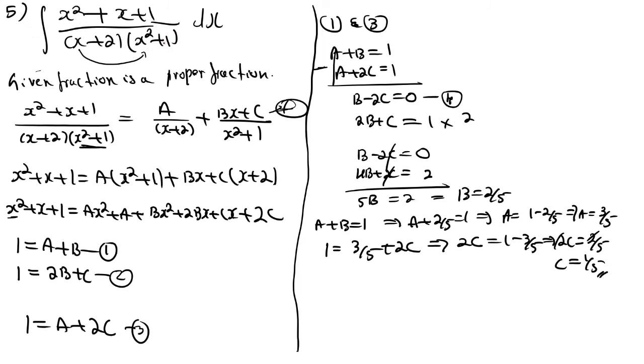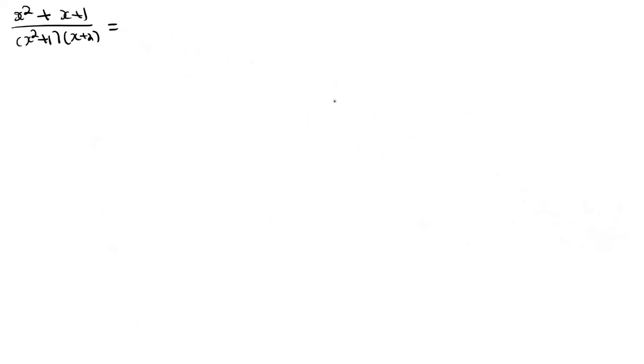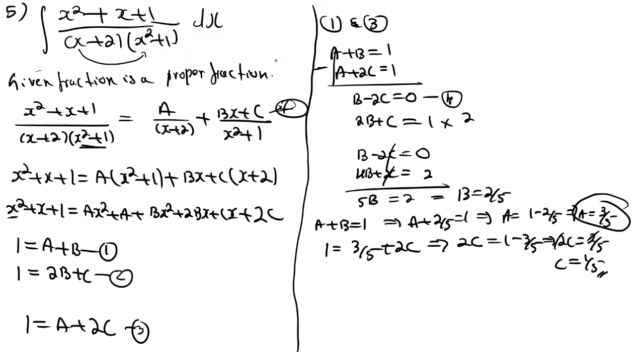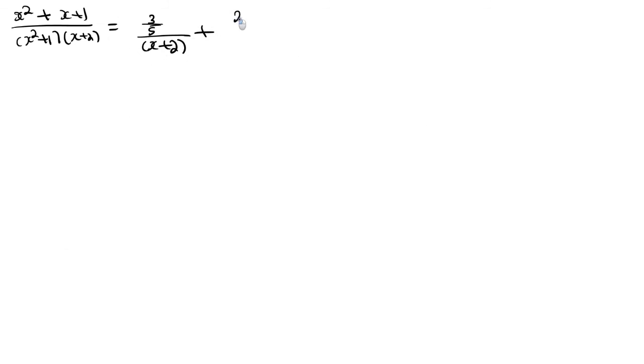A value here we got is 3 by 5. So 3 by 5 divided by x plus 2 plus b into x. What is b value? We got b value is 2 by 5. So 2 by 5x plus c value. C value is equal to 1 by 5 divided by x square plus 1.